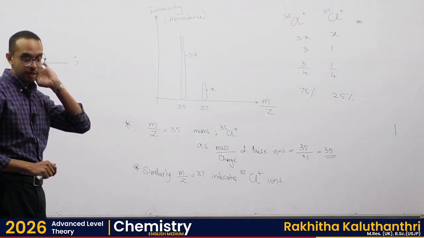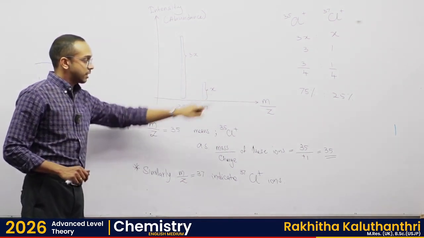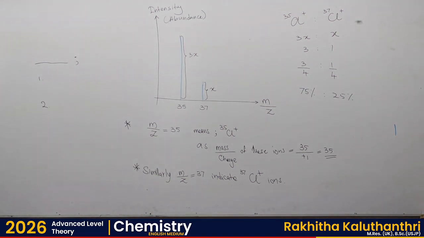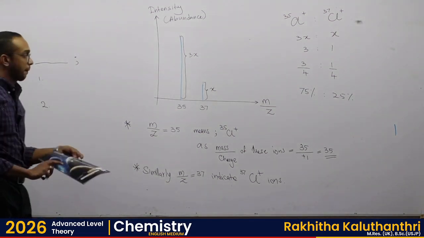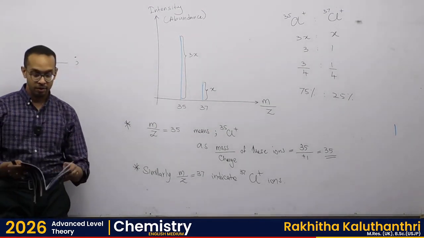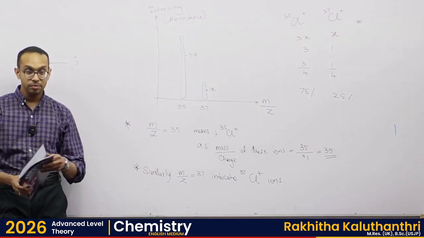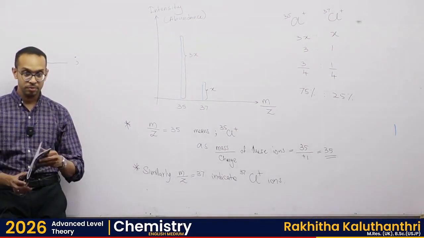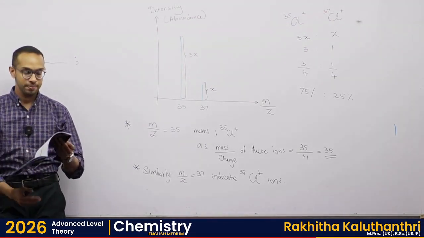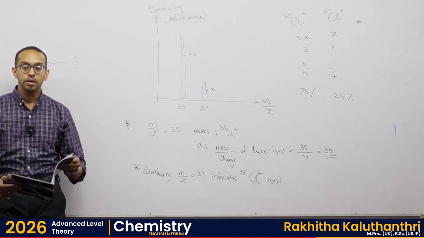Please write 3x as well. Right. So those are the two main things you can obtain from the mass spectrum.